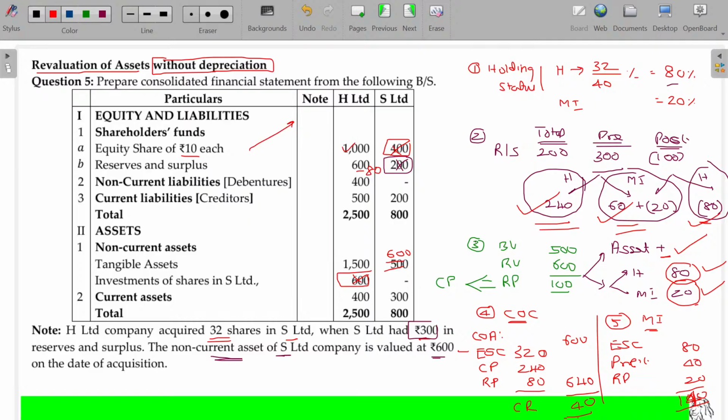Equity share capital being 1000, reserves and surplus 600 minus 80, 520. Apart from that, we introduced capital reserve 40, minority interest 140, debentures remain the same value, current liabilities 500 plus 200, 700, this value being 1500 plus 600, 2100, investment becomes 0, 400 plus 300, 700, overall value being 2800.